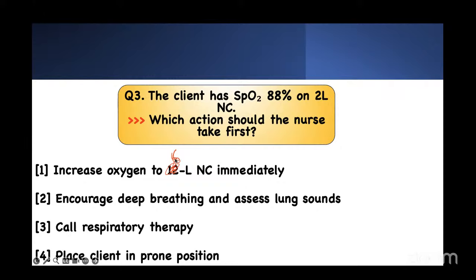The key to answering this question is to look at the history. The patient has COPD. Too much oxygen is not good for them. And usually, too much oxygen does not help them. So you can see if you increase the oxygen flow to 6 liters, it's not going to help them. It's going to worsen their condition. Right? Putting the patient in the prone position is not a good idea.